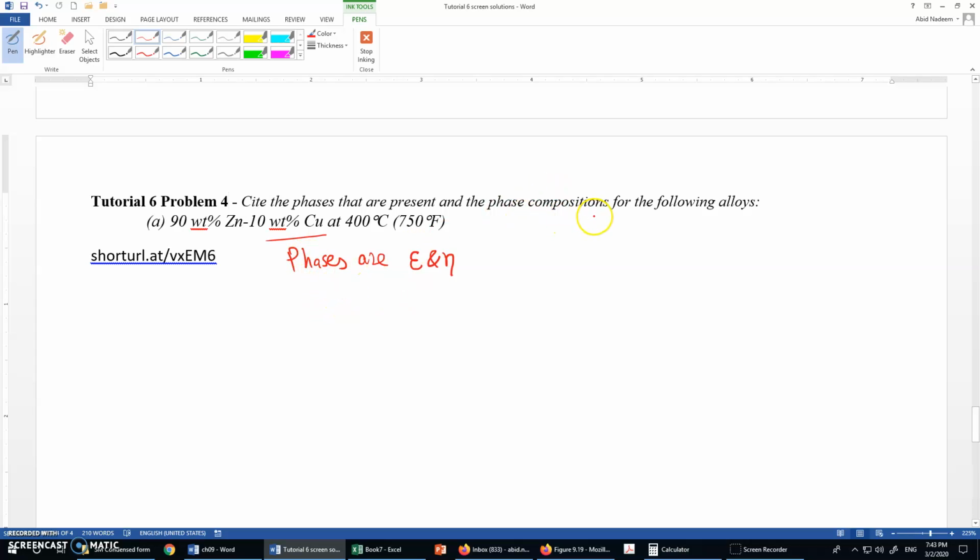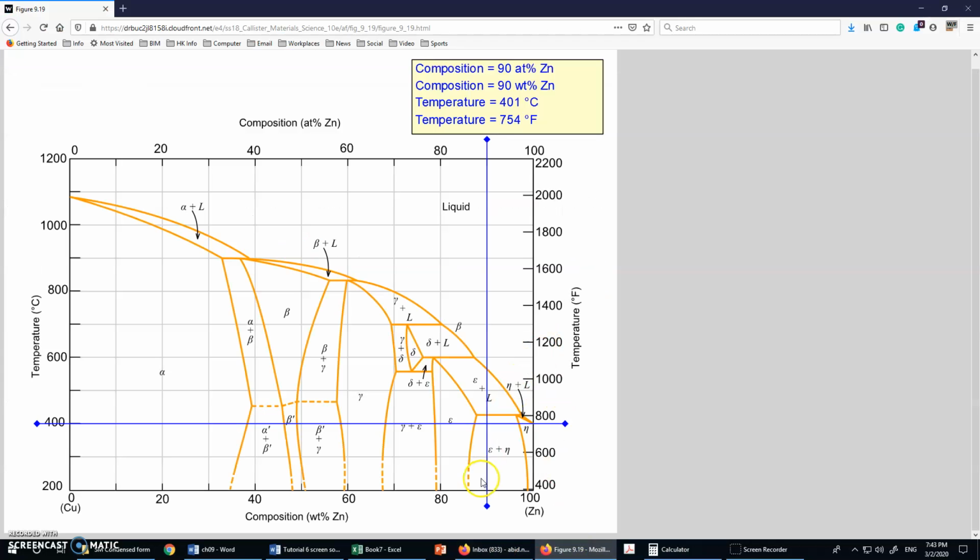So what are the phase compositions? For this, I cannot write it over here. You can see where I am placing the mouse. This is the tie line.